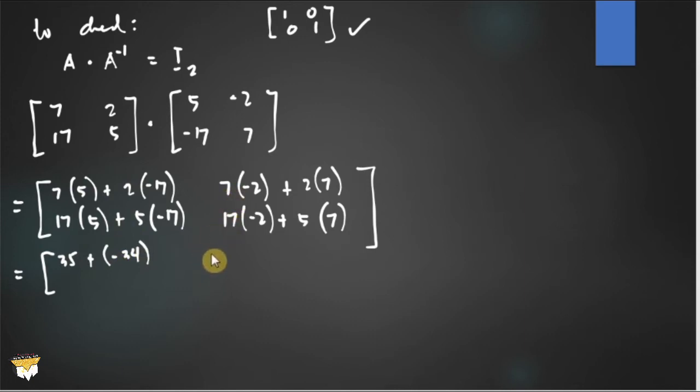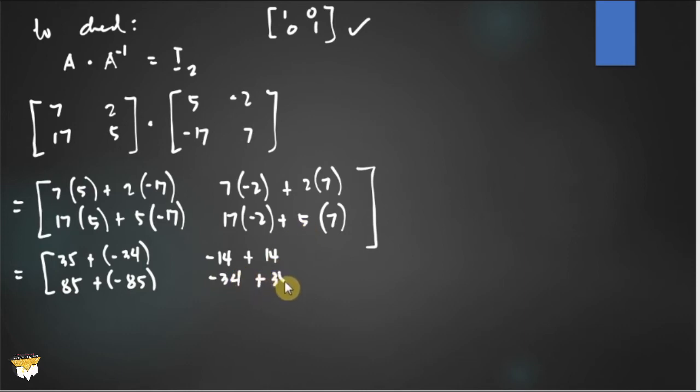Okay, then 7 times negative 2 is negative 14 plus 14. Then we have 17 times 5 is 85. Okay, then plus negative 5 times 17 is also 85. So, that's negative 85.